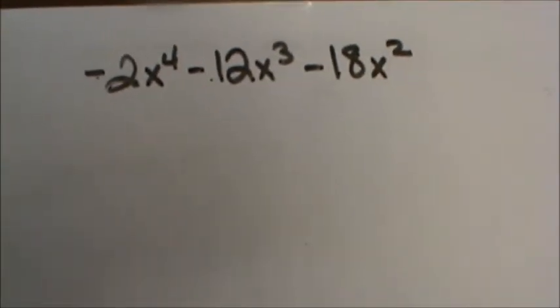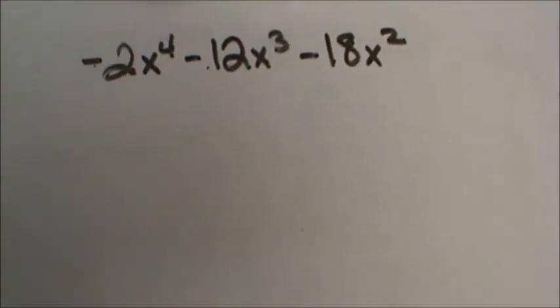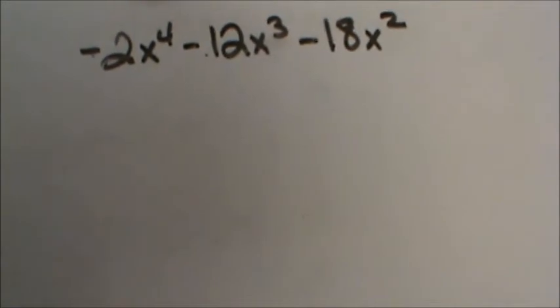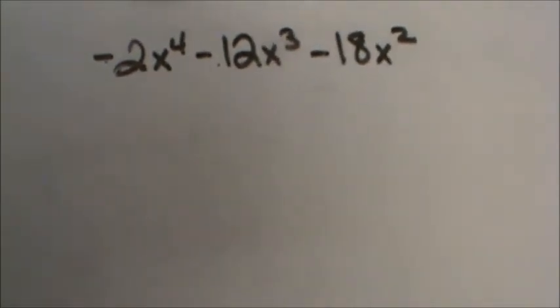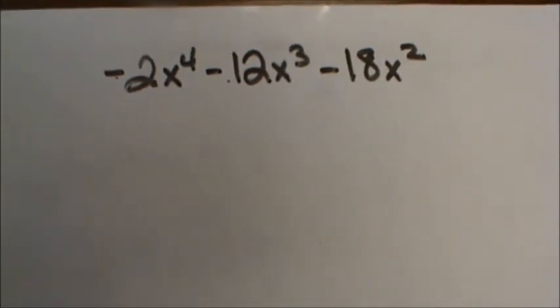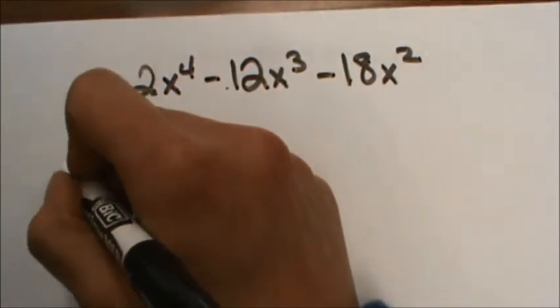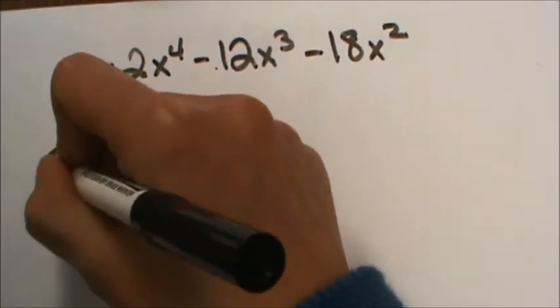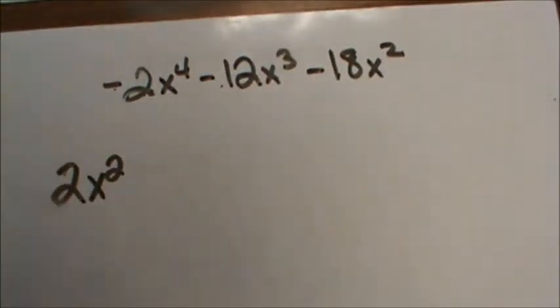Let us consider this polynomial to factor. It has three terms. That either means I could use the perfect square trinomial rule or the factor box. Let's take out the common monomial factor first before we consider which one to use. All of these are divisible by 2 and have an x squared. In addition to just those two, though, they are also negative.